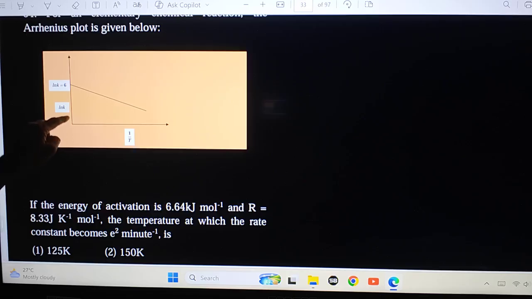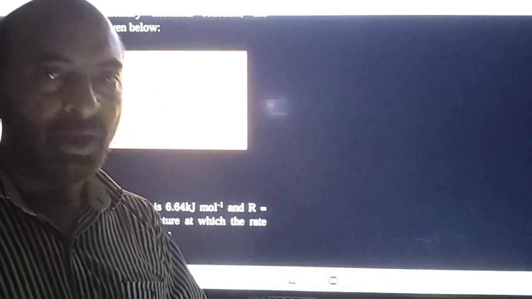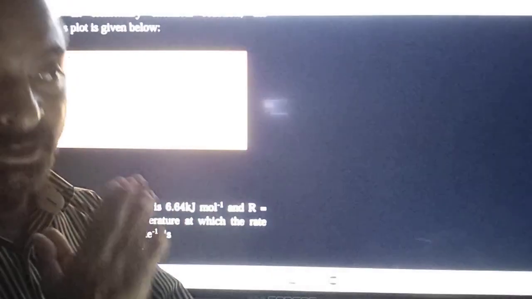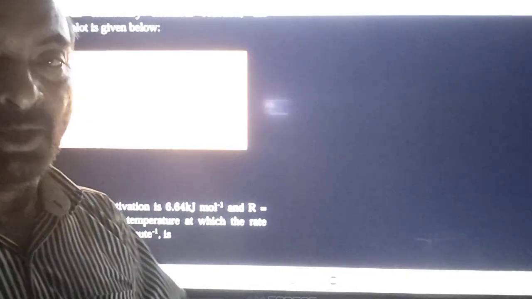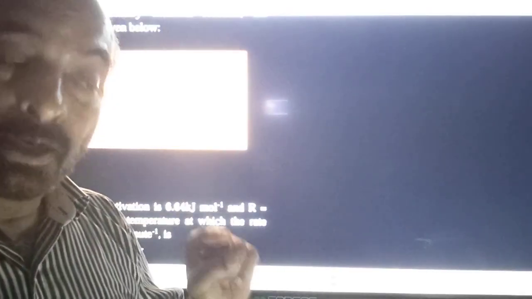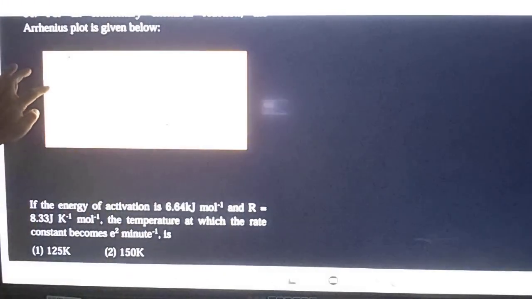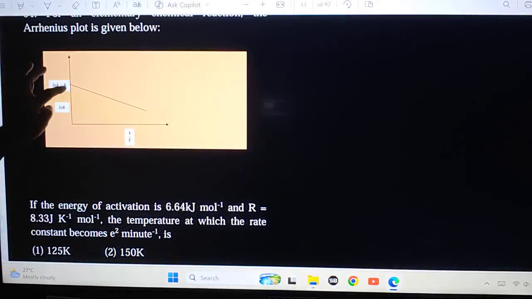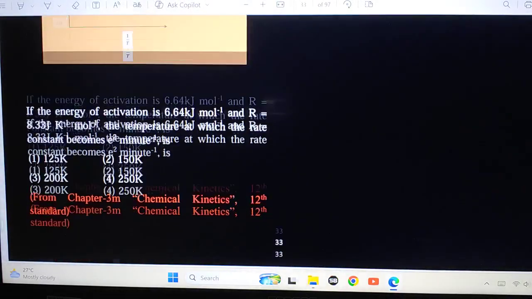At that point, ln k takes a constant value because the line intersects the y-axis, where ln k takes the highest possible value, means ln k becomes ln A. The highest possible value of the rate constant is called the Arrhenius parameter A. So when temperature tends to infinity, 1 by T tends to 0, and the value of ln k corresponding to infinite temperature is ln A. So ln A is nothing but ln k, which is 6 here as per the diagram given.